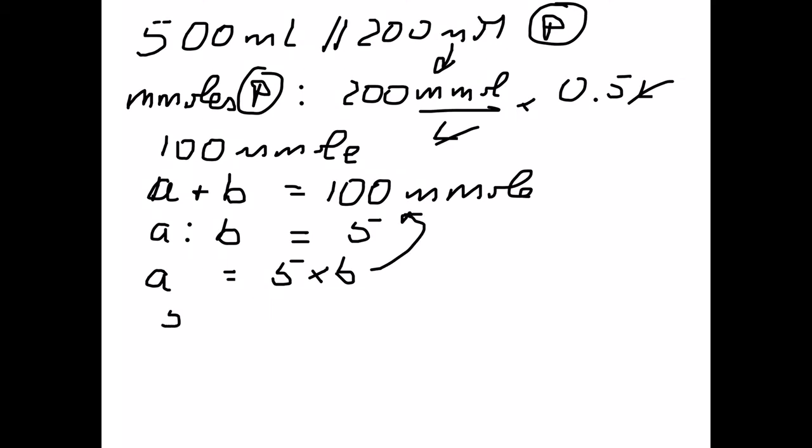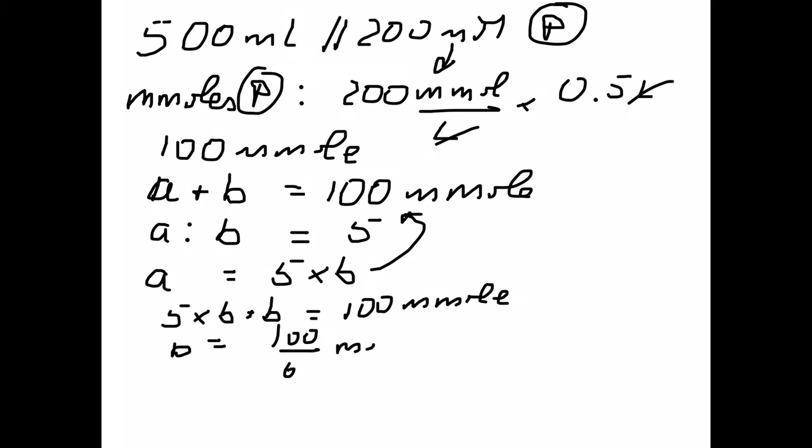So I have 5 times B plus B equals 100 millimole, and therefore B equals 100 over 6 millimole, and that would be 16.67 millimole.